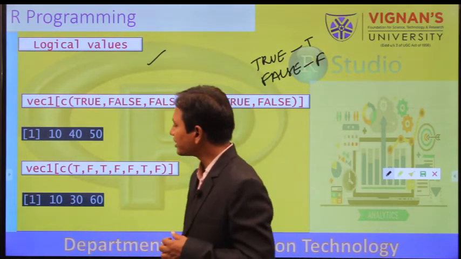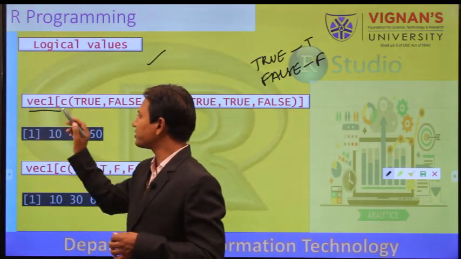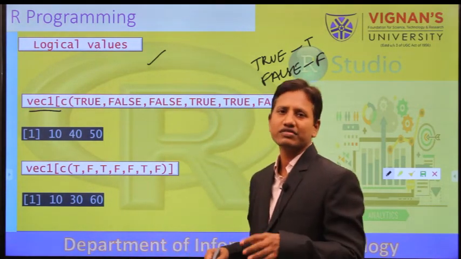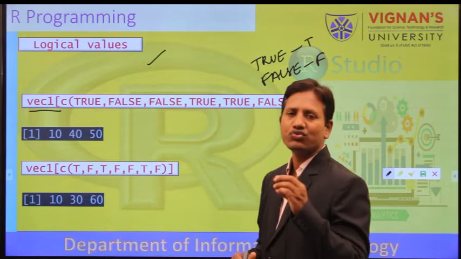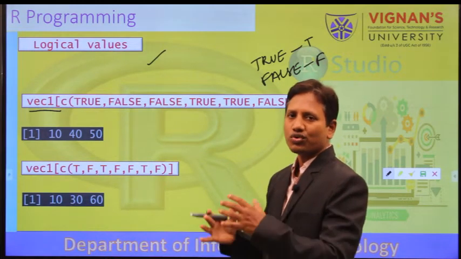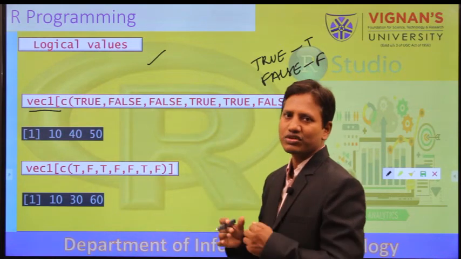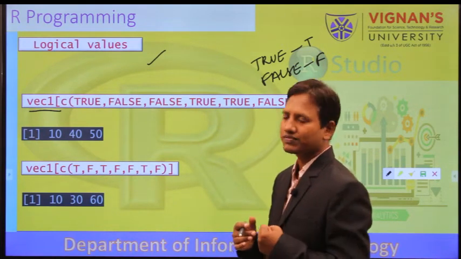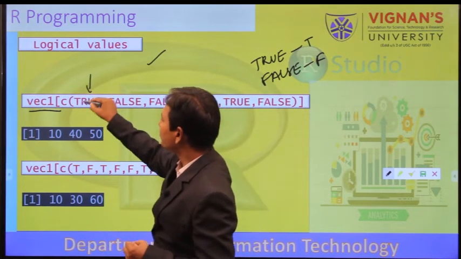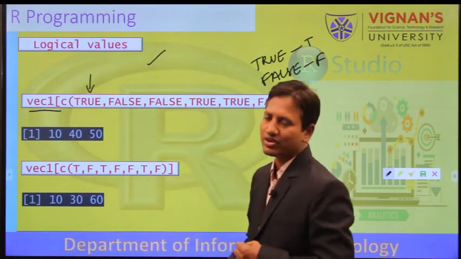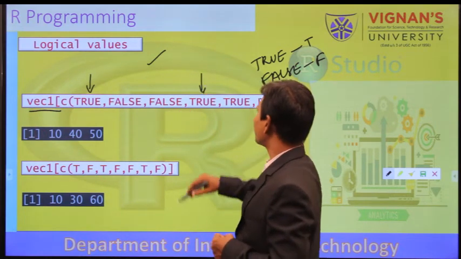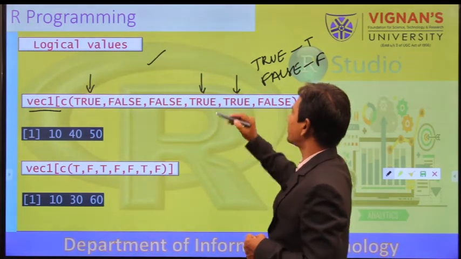If you observe here, this is our vector, and we know that in our vector we have 6 values: 10, 20, 30, 40, 50 and 60. So from these 6 values we wanted to select some values, and what we have done is we have put true at first index value, then the 4th index value and 5th index value.